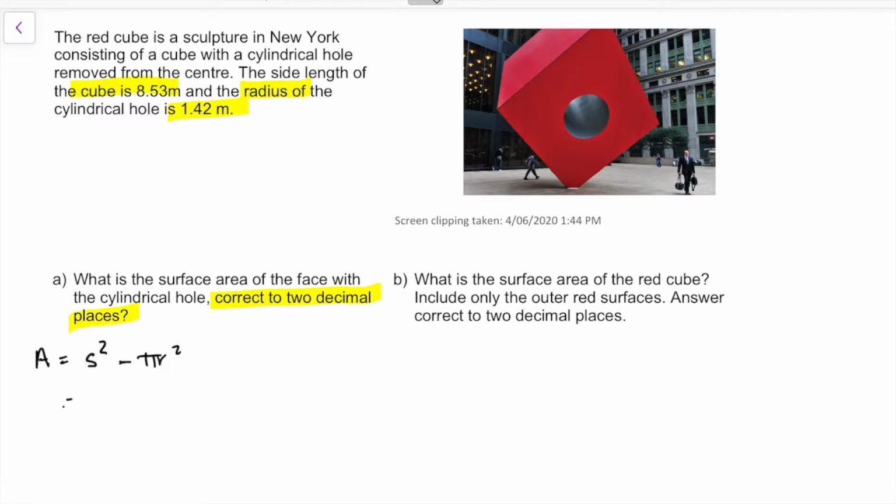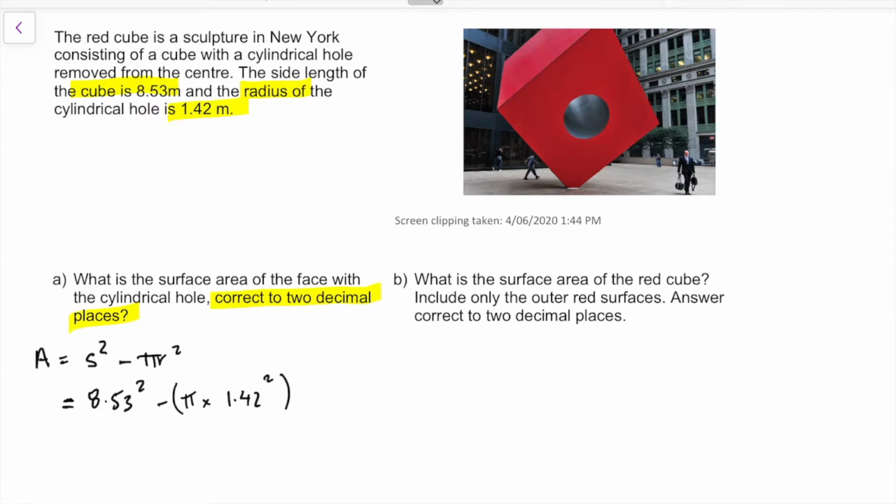We substitute in what we know for the pronumerals in here. So we know the side of the square is 8.53 meters. Square that. Then we go pi times r, which is the radius of the circle, 1.42 meters, squared.